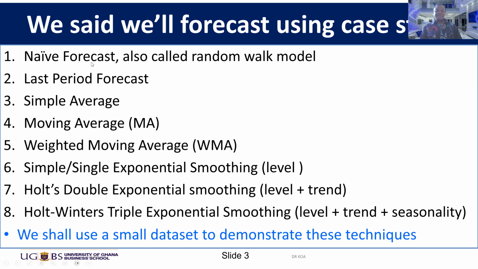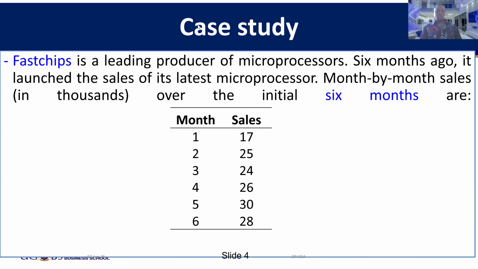So we shall look at the naive forecast, which is also called random walk. In fact, it's even called the last period forecast. Then we'll look at the simple average, the moving average, weighted, and then simple, which is also called single exponential smoothing.